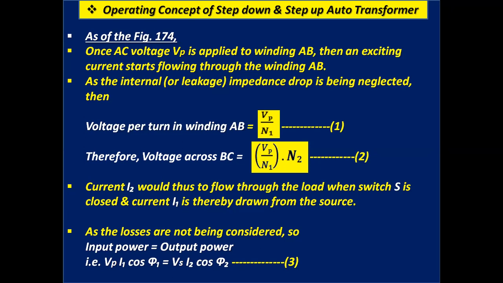Current I2 would flow through the load when switch S is closed, and current I1 is thereby drawn from the source. As the losses are not considered, input equals output power. That is Vp I1 cos phi 1 equals Vs I2 cos phi 2.